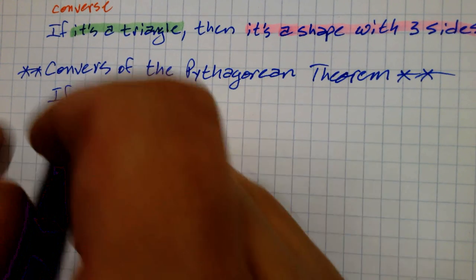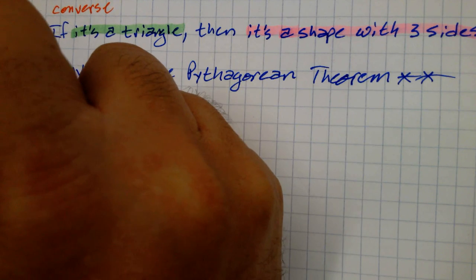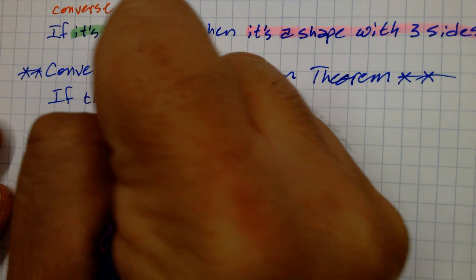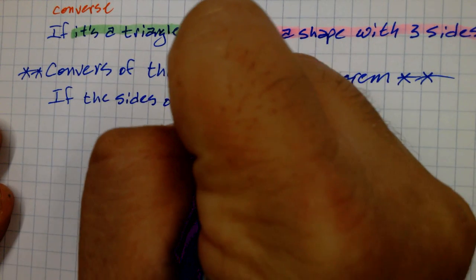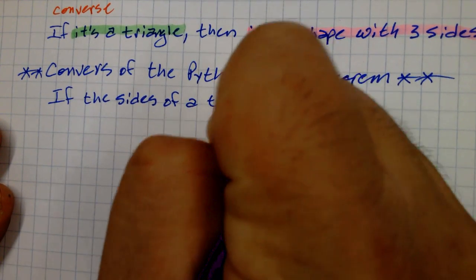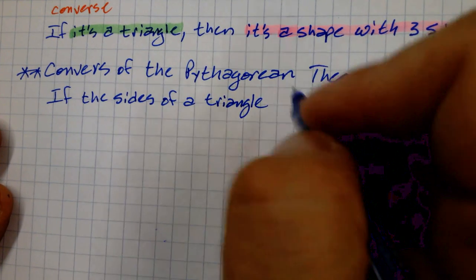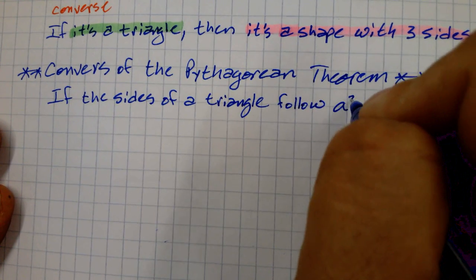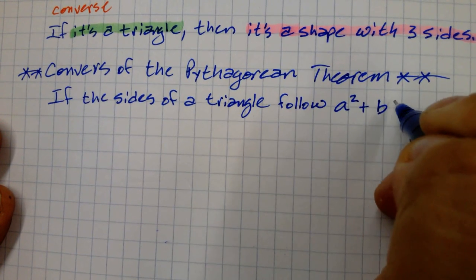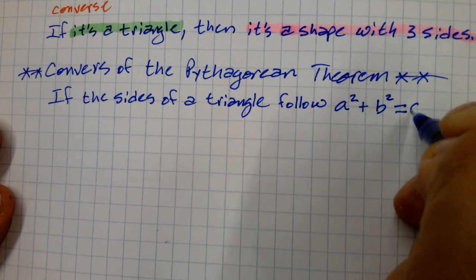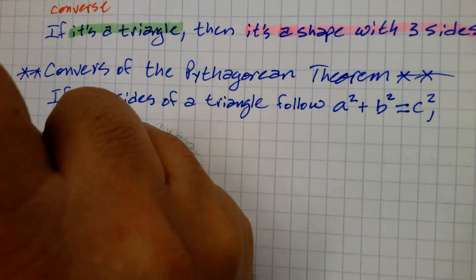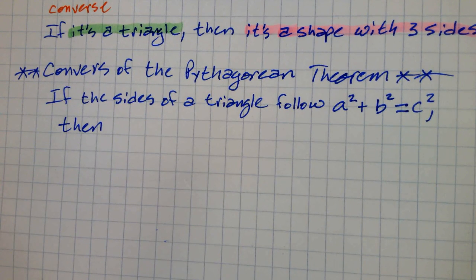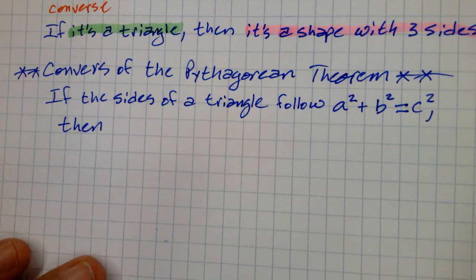We should say if the sides of a triangle follow a squared plus b squared equals c squared, then what kind of triangle is it going to be?